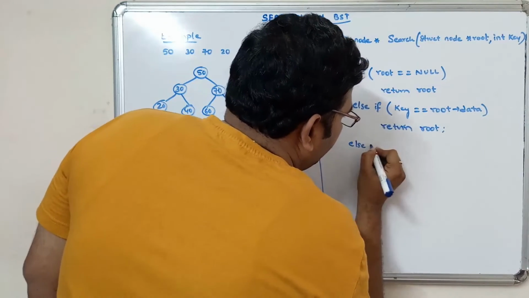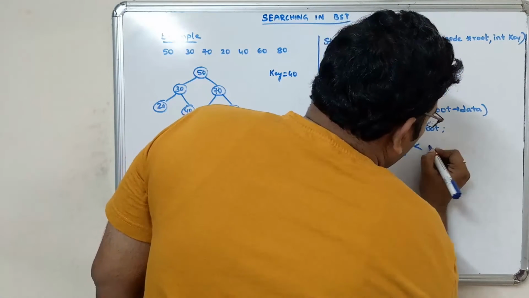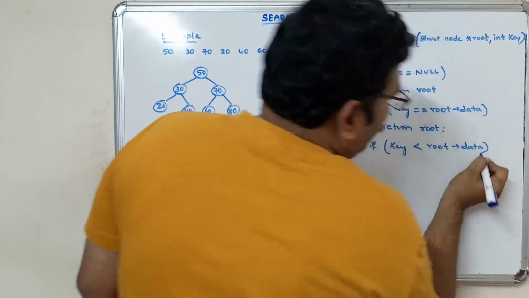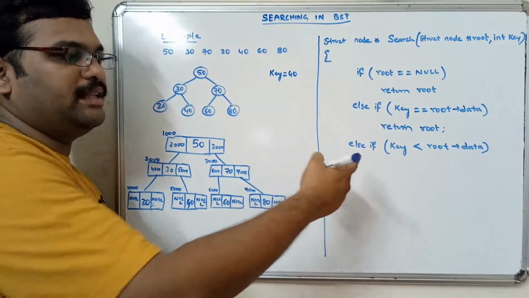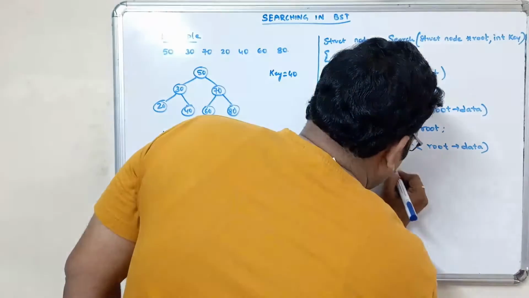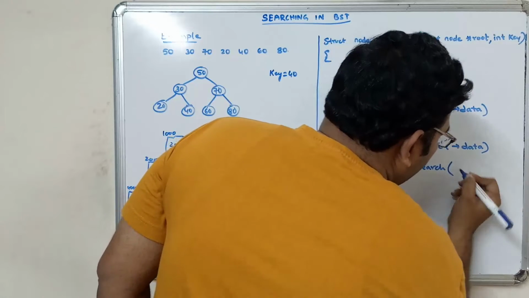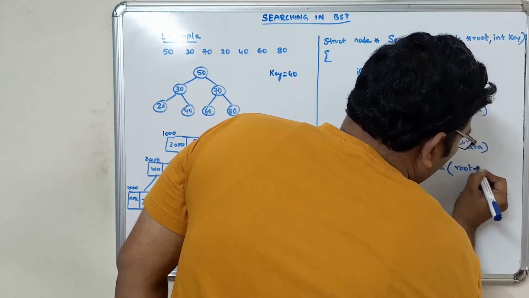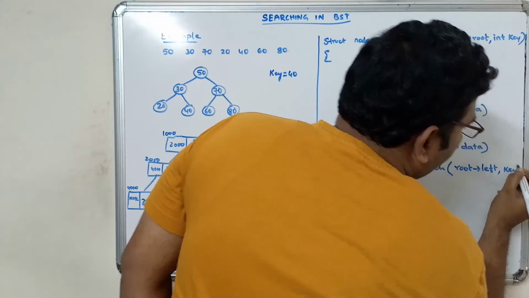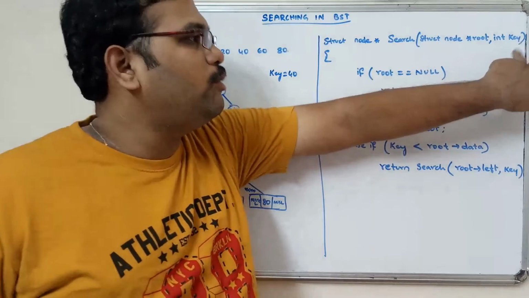Else if the key value is less than root of data, we know that all the elements which are less than the root will be available in the left subtree. So we have to call recursively: return search, again calling the same thing, search. Now the arguments will be root of left comma key, right? So hope you understood. First we are writing root and key, two parameters.